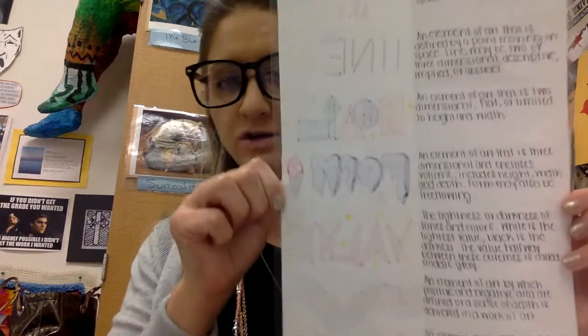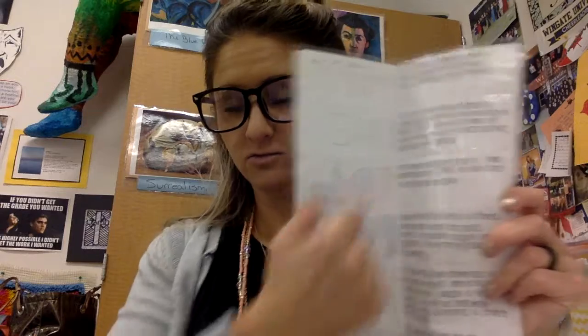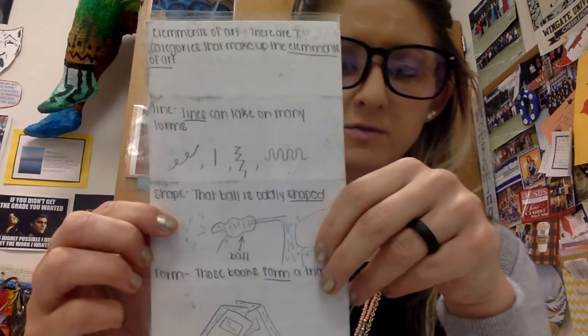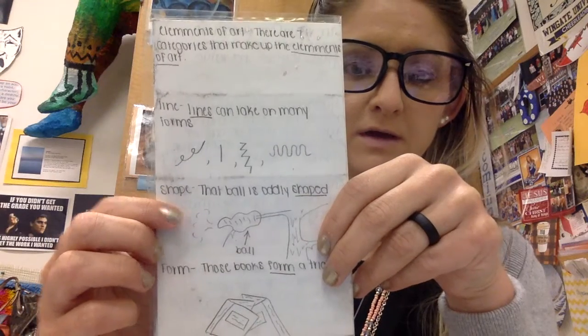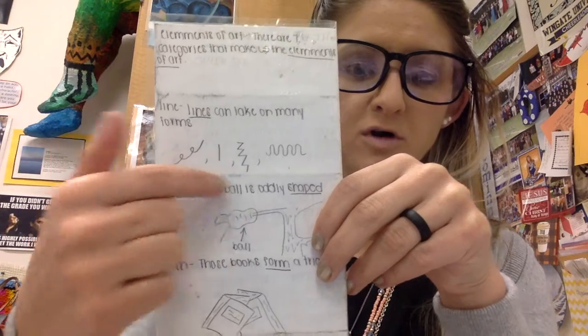So see, she wrote her definition on the inside, and then she flipped hers over on the back and did her sentence. So you need to have a definition, straight from the paper or the PowerPoint, and then you need to write a sentence with the word. So I'm trying to get it close enough. Okay. The ball is oddly shaped.